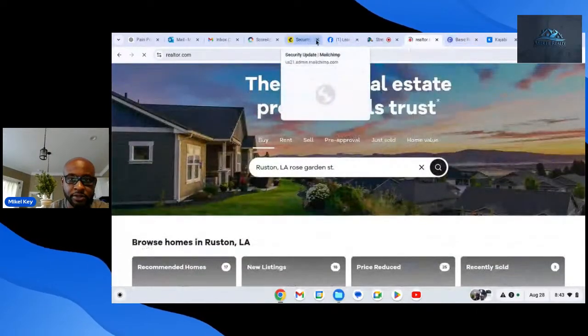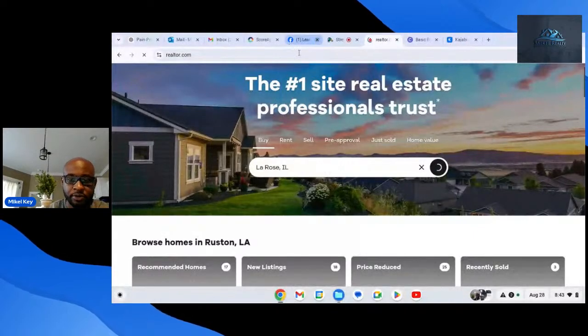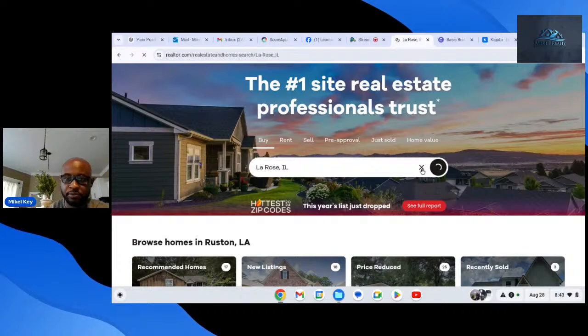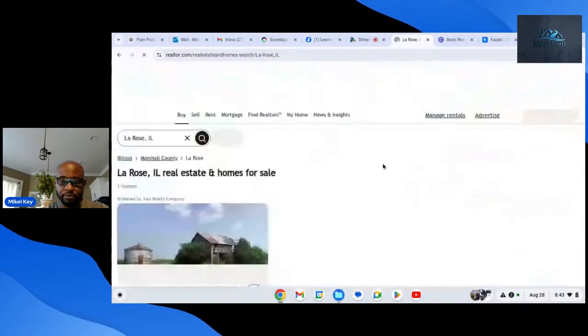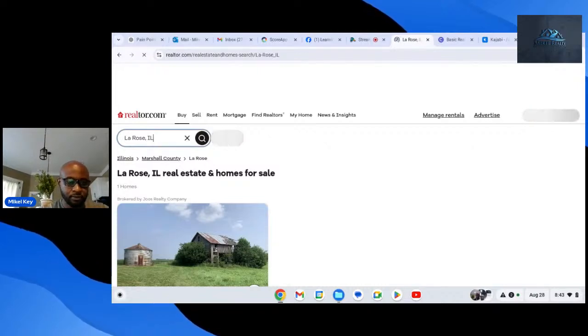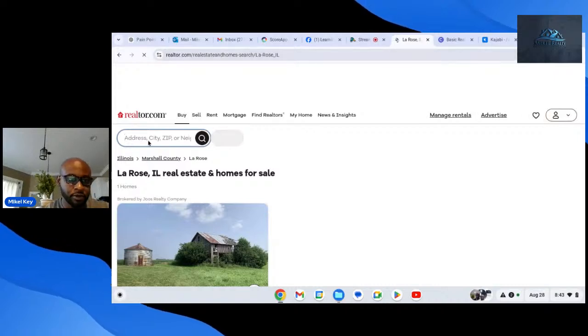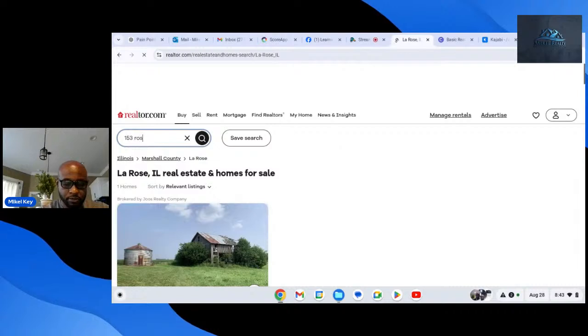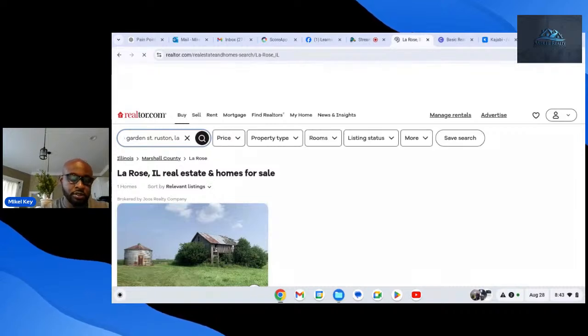We're going to make this extremely simple. Okay, that's not what we want. Let's go to, I'll pick an address, 53 Rose Garden Street, Ruston, Louisiana.